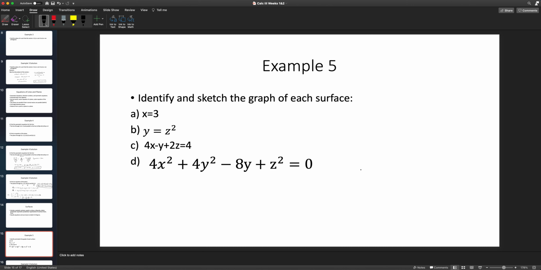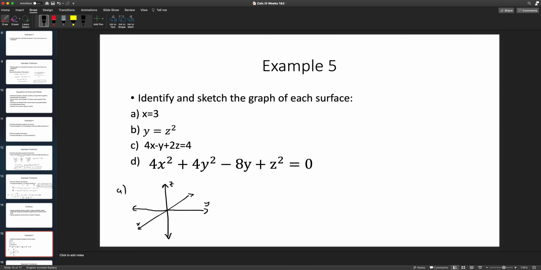Okay. So the first couple we can do pretty quickly. So for A, just draw your 3D axes. And typically we call these x and y, although some people might label them differently.